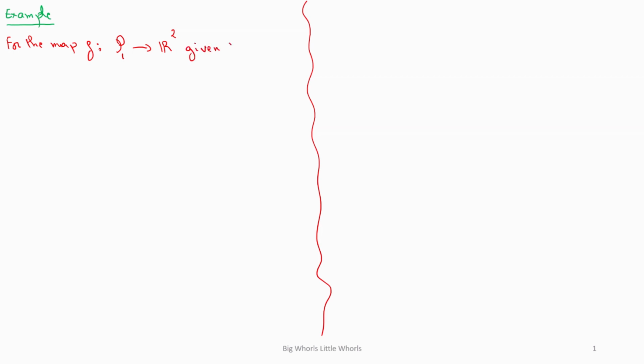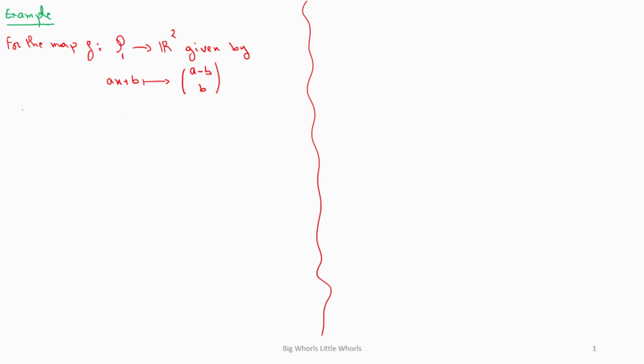I'm going to write the question here. For the map f defined from P1, polynomials of degree 1, to R2, given by ax plus b, we associate the vector (a minus b, b).